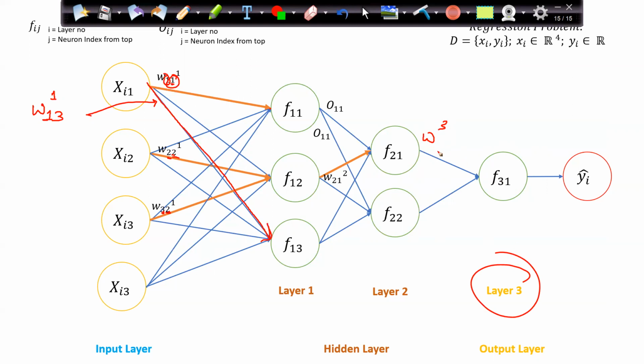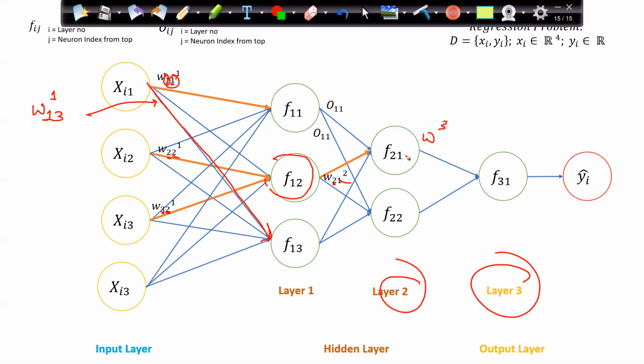Now here the question is, what is going to be the below numbers? Let's take this one first, try to understand this one, then we'll jump to this. Here I have W21 with 2 as the layer number. It's going to layer number 2. 2 is basically my second neuron, and 1 means it is going to the first neuron of the next layer.